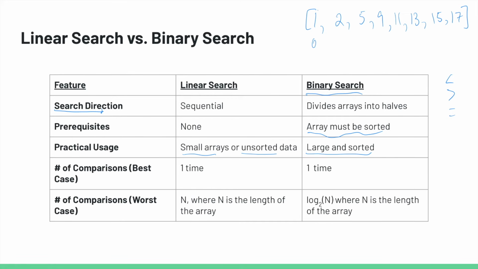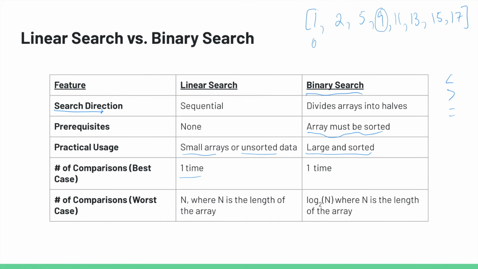So we only need to make one comparison, and then we found the index of our target value. Now the best case scenario for a binary search is when our target value is in the middle. So for example, if our target value is 9 in this array, that would be the best case scenario for the binary search because that would be the first value we look at, and we'd only need to make one comparison.